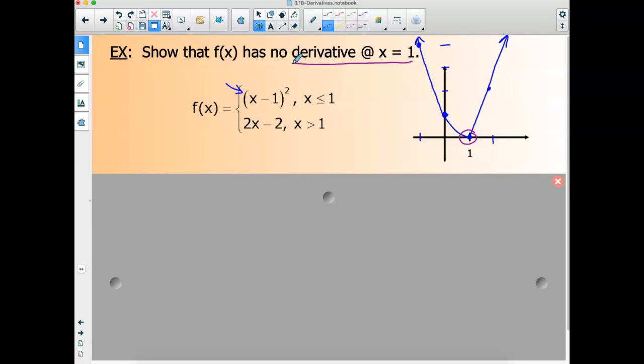What is the slope as this function approaches 1? Well, the whole right side's a line, and my slope is 2. I can see the slope of 2 is everywhere on that line, so the closer and closer I get to 1 on this purple graph, the slope is still 2 because it's the same everywhere on a line. Well, what happens when I get closer and closer to 1 from the left? Well, picture a parabola if I didn't have half of it there.